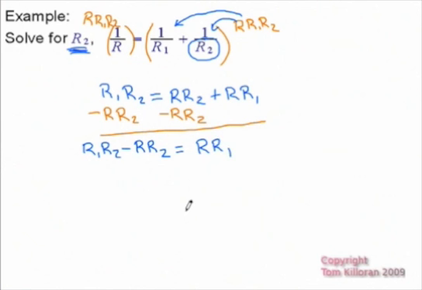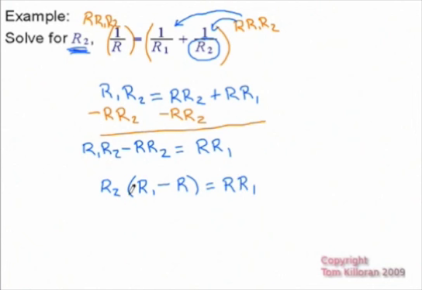Alright. Now we have the R2 that we're trying to solve for, at least on the same side of the equation. But if you look at these two terms, they have a common factor, R2. So I'm going to use the distributive property, factoring, and I'm going to pull out the R2. What that leaves me with is R1 minus R, and then the other side is just R1.